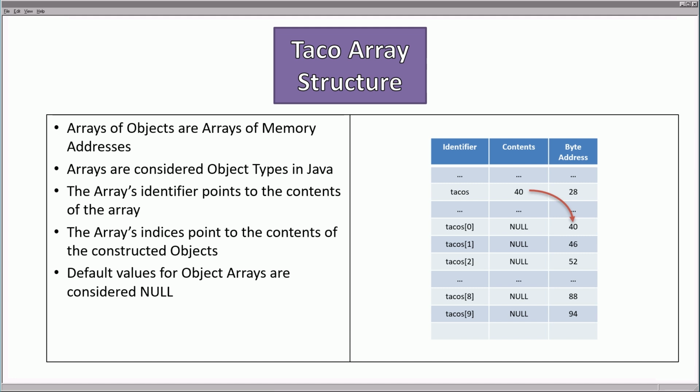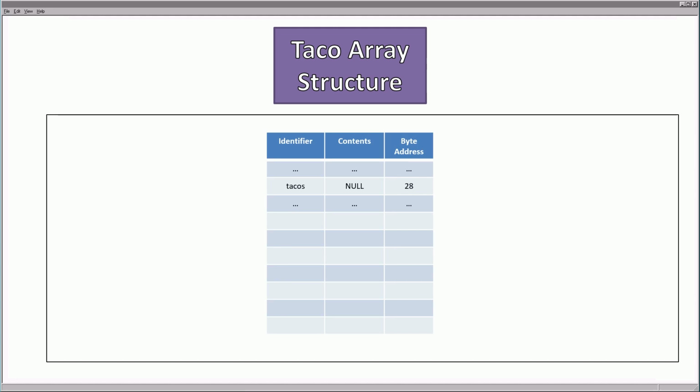Now also, when you construct an array, Java assumes default values, and the default value for an object is always the memory address null. So when this array is constructed, all of the objects are initially set to null. Going into more detail, the name of our identifier, the name of our array, is tacos.